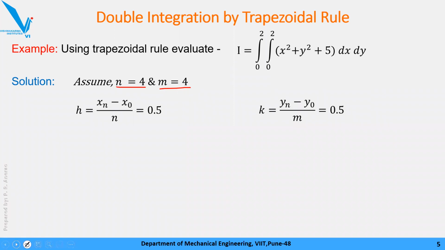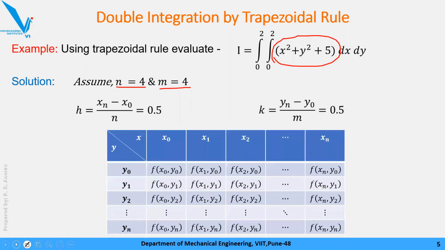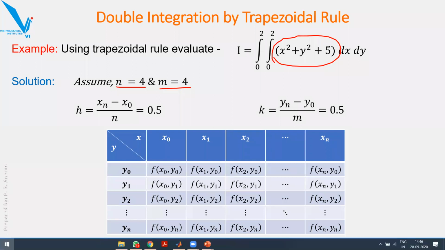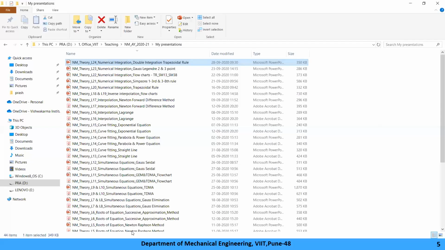After that, using h, k and this function, we will prepare one table. The table is something like this. I'll show you the table I created in Excel.